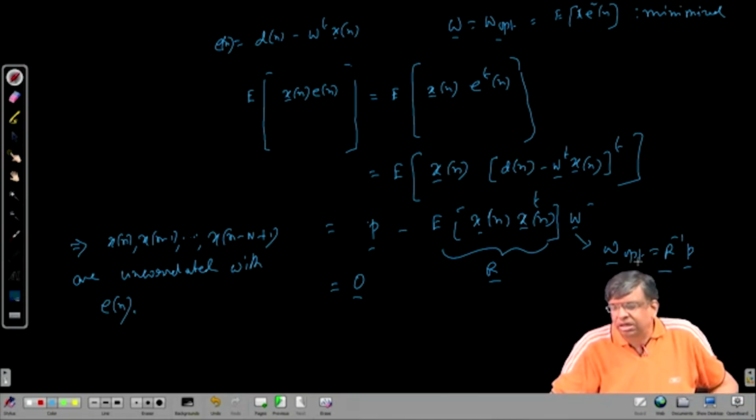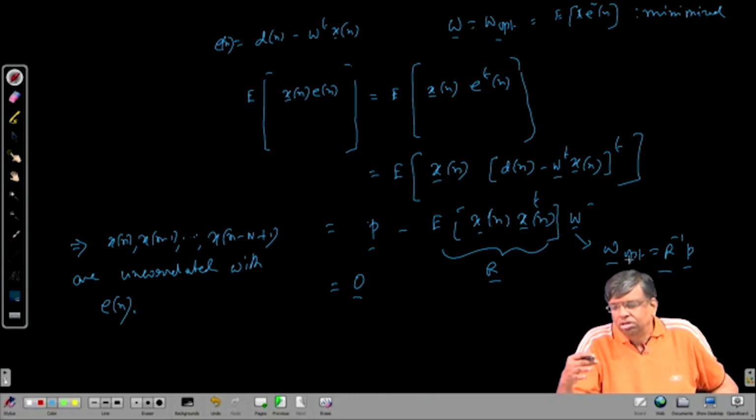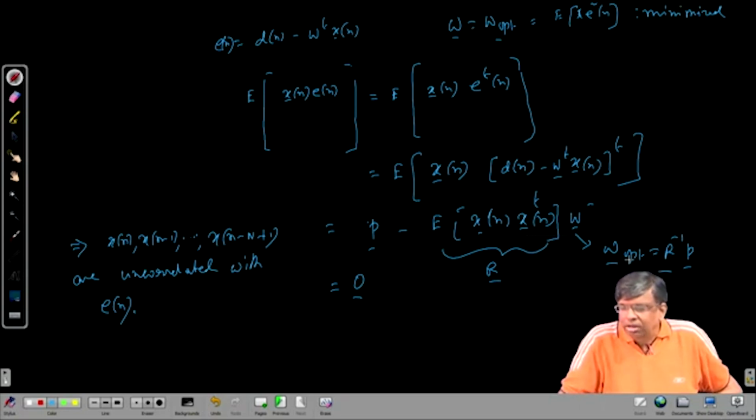So, W opt has changed. That adaptation mechanism will make sure that the coefficients go on adapting clock after clock, but finally they go to the new optimal one, because R is new, P is new, and it will continue. Such a filter is the filter of our interest, and that is called an adaptive filter.